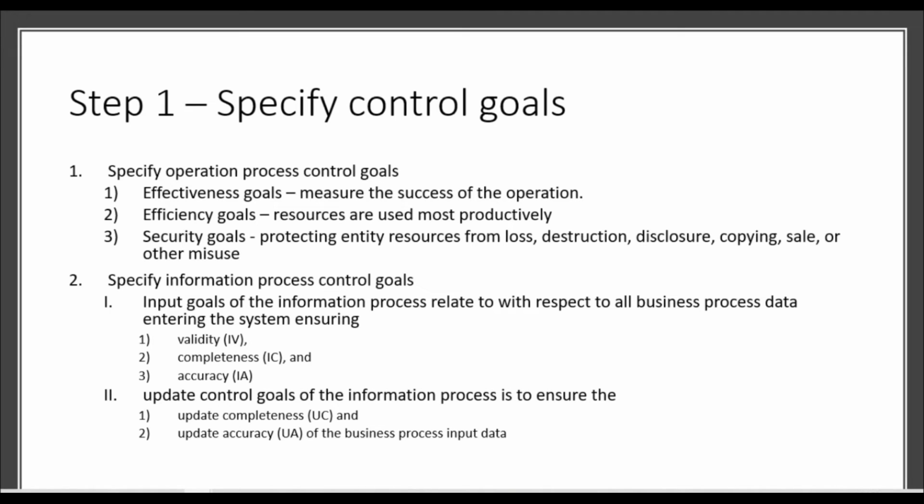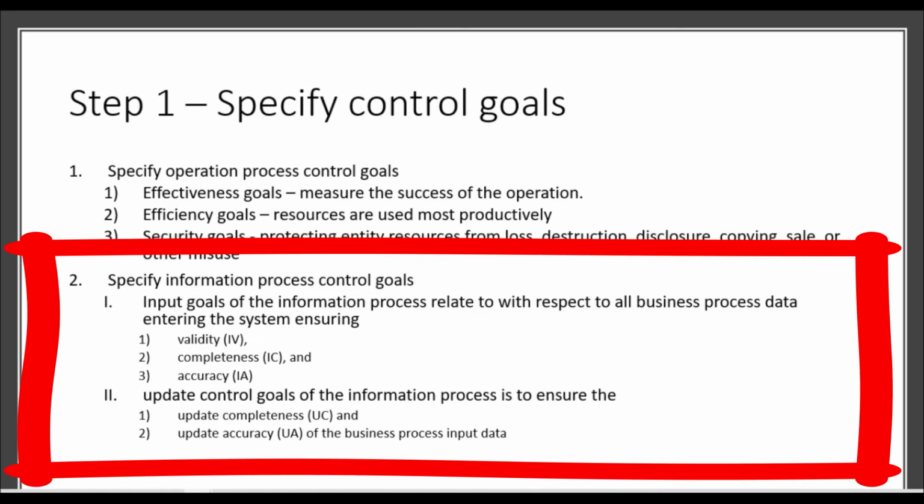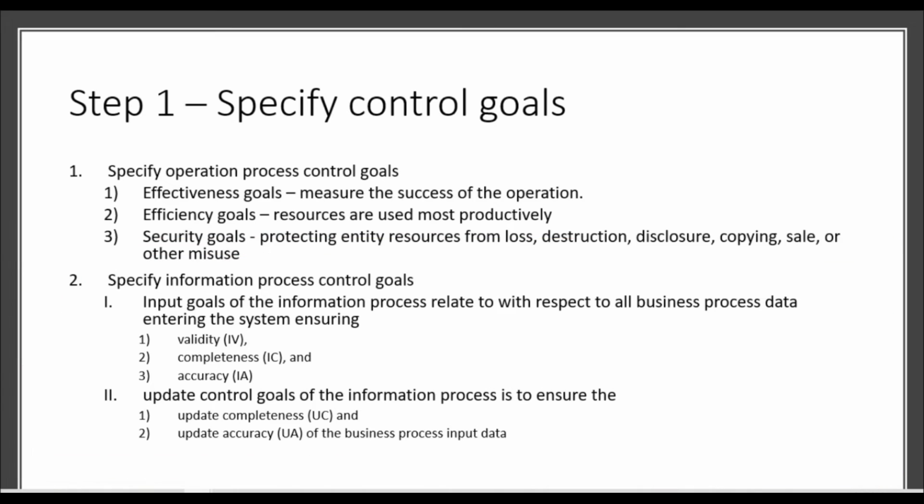Second in that is specifying information process control goals in relation to making sure data are valid, complete, and accurate. The information should be updated in the master data for completeness and accuracy.